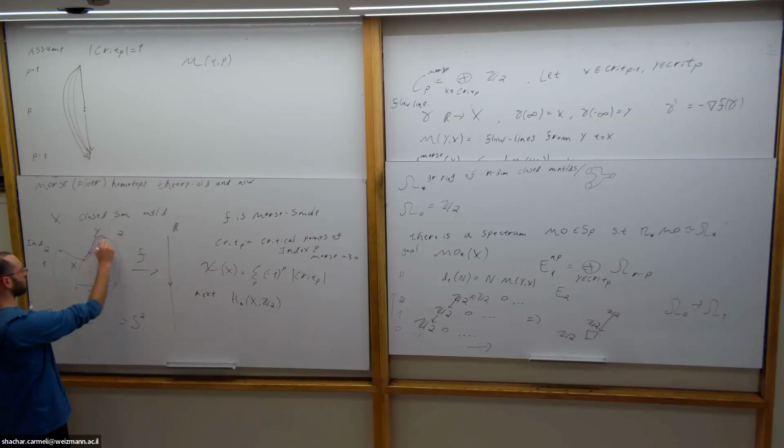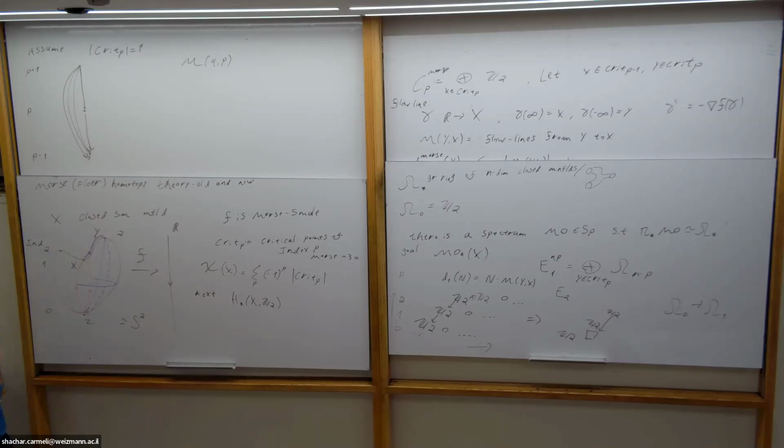Each point here represents the flow line coming from y to z through this point. We have this open interval family, and the boundary is given by the broken flow lines, which in this case is flowing from y to x and from x to z. Indeed, the boundary of the open interval is two points, which correspond to flowing from y to x and from x to z in these two different points.